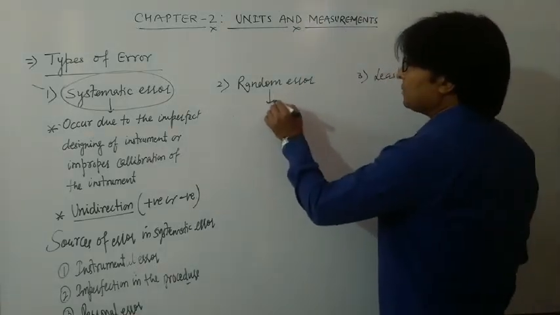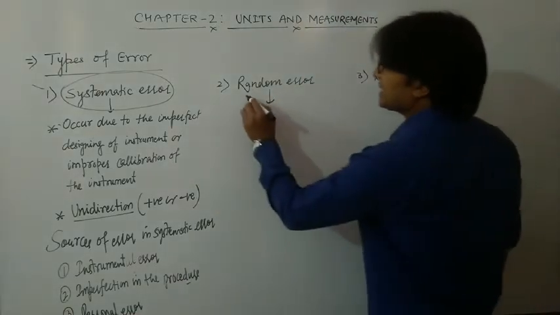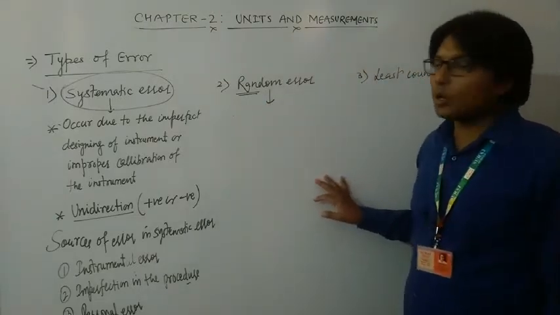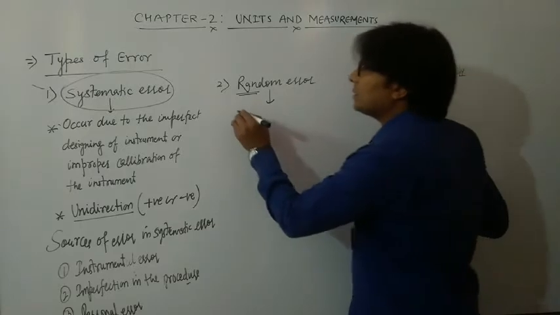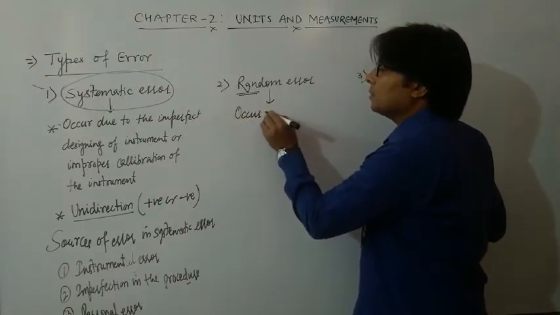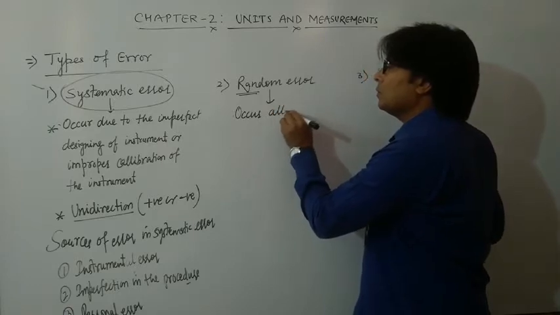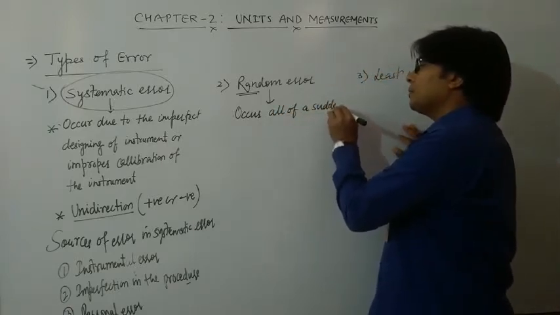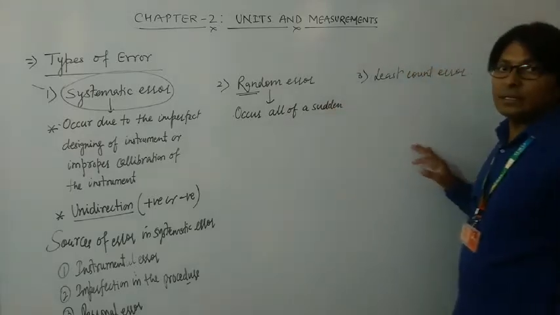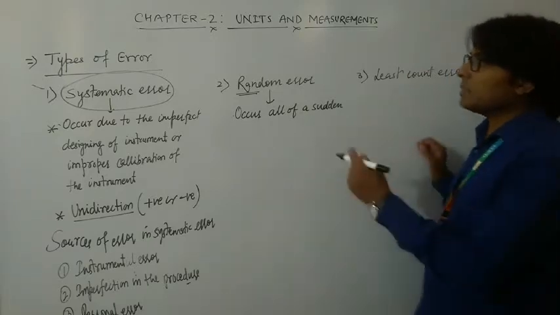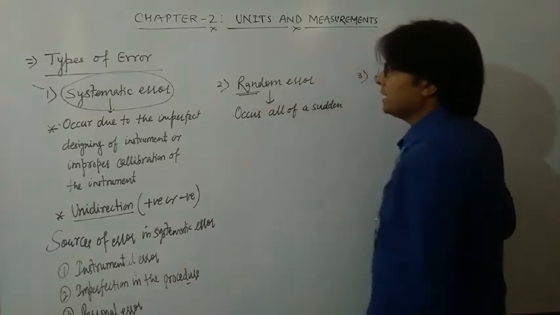Now coming to the random error. As the name suggests, random means zigzag; these errors occur all of a sudden. We cannot predict when and why such errors will take place, so they are known as random errors.